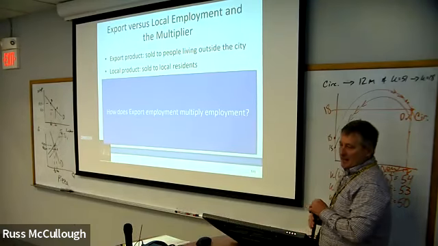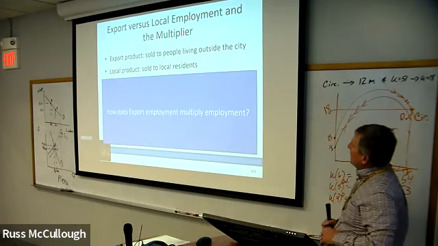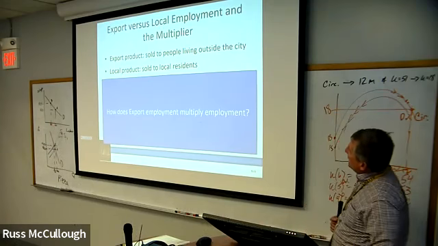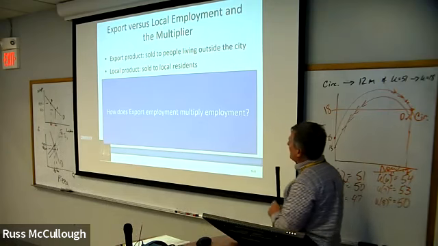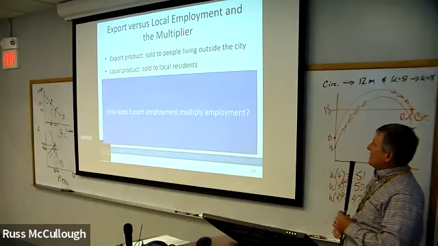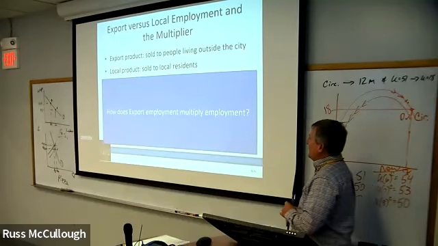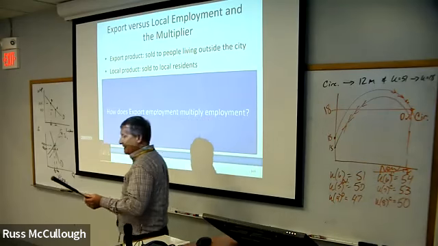Okay, now let's talk about the export thing. Export products are sold to people living outside the city. A local product is sold to local residents. How does export employment multiply employment conceptually?